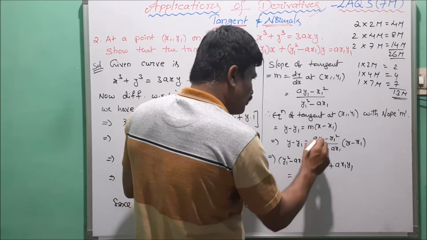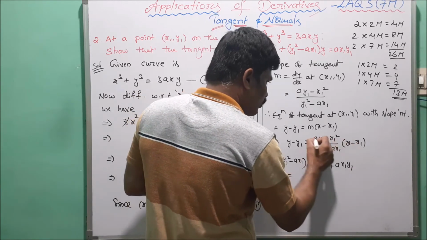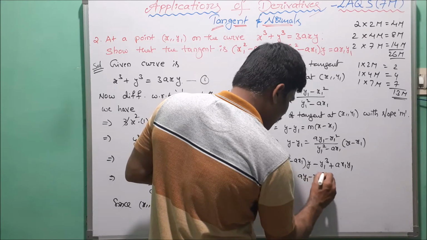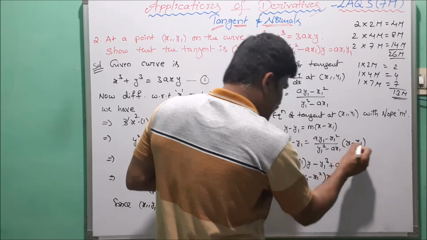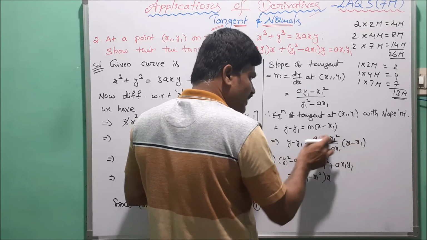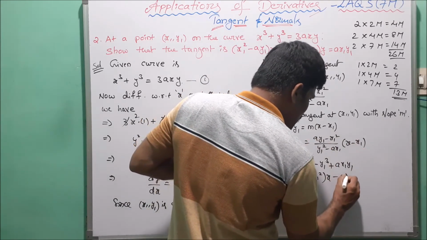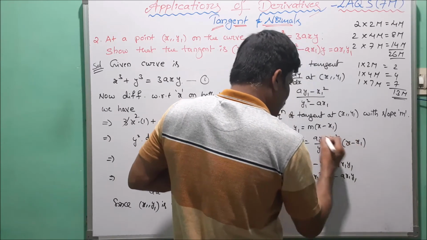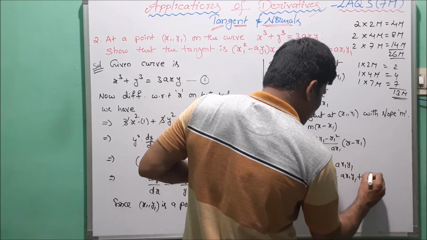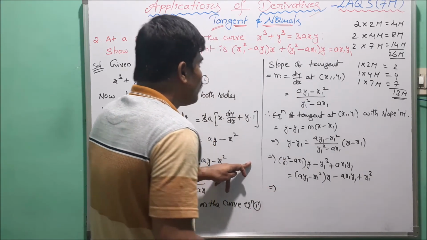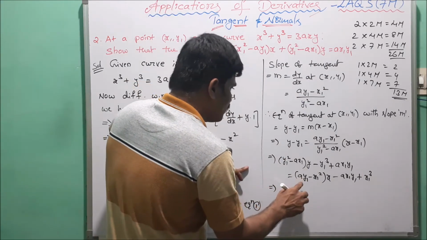In right side value, here also multiply with x1 this term, we write ay1 minus x1 square into x, and also multiply with x1 to each and every term in this term, minus x1 into ay1, ax1 y1, minus into minus plus x1 cube.